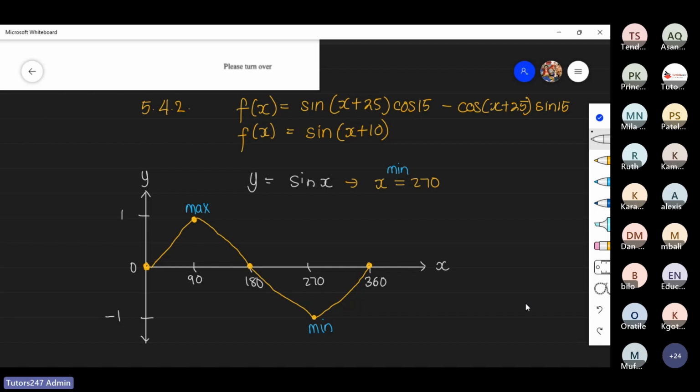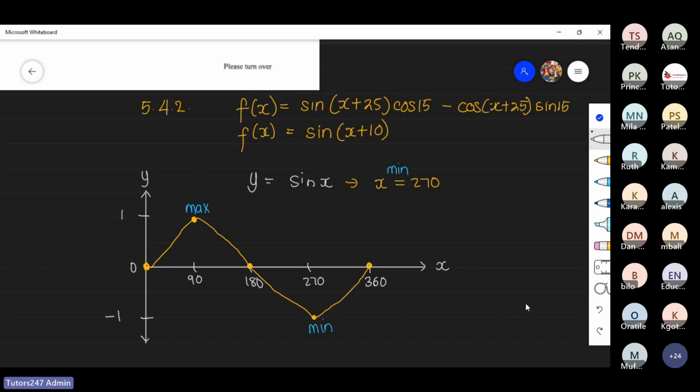Now, how do we know whether it's going to be 10 units right or 10 units left? Something very important. When you are dealing with a vertical shift, positive sign means up, negative sign means down. When you are dealing with a horizontal shift, everything is essentially the opposite. So if it's a plus sign, it means left.